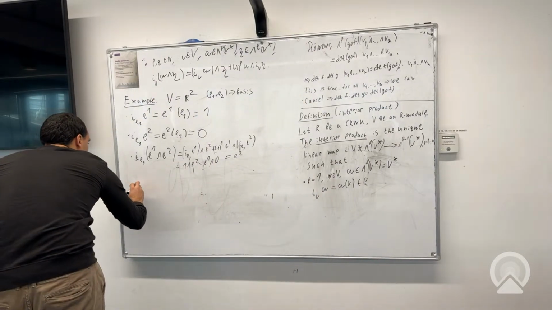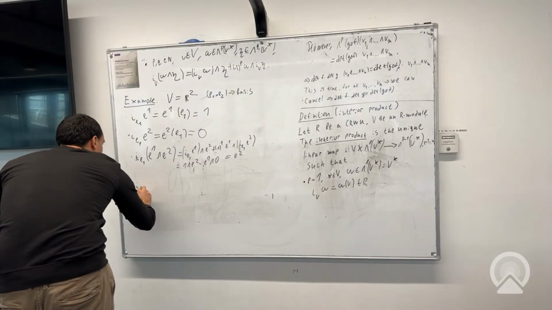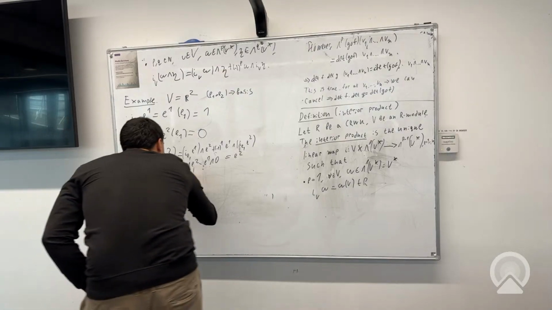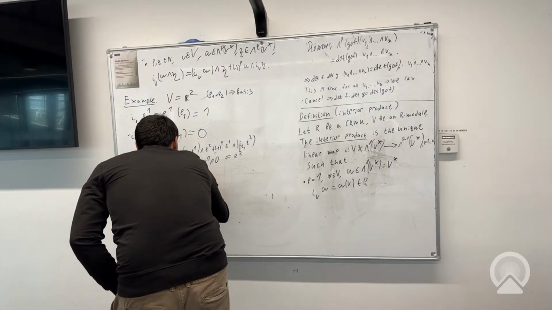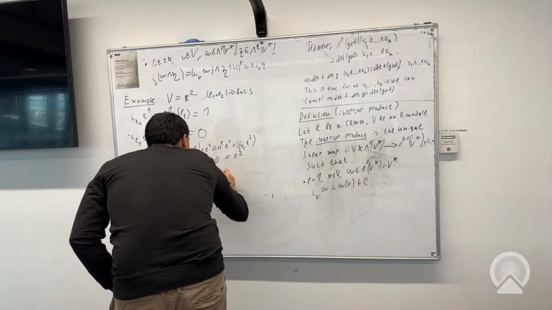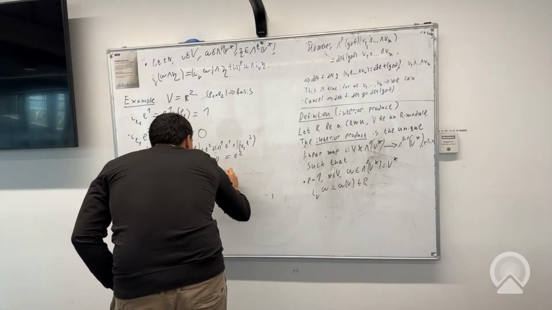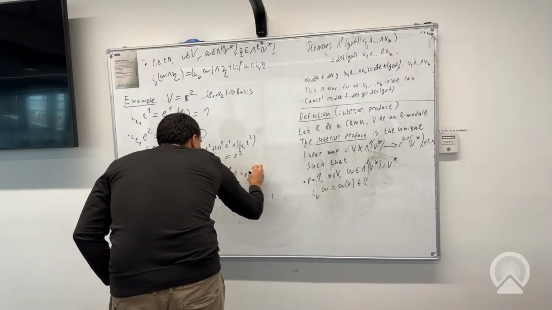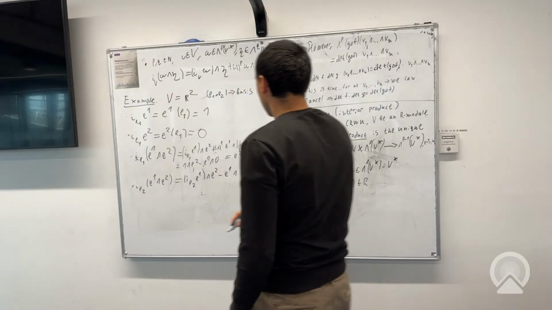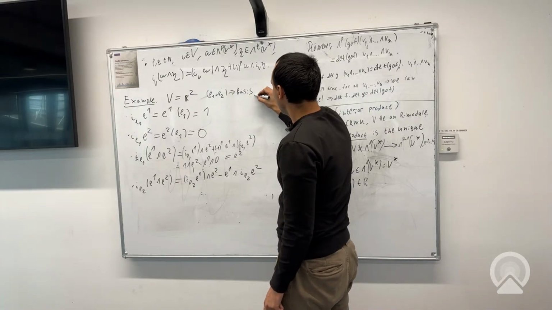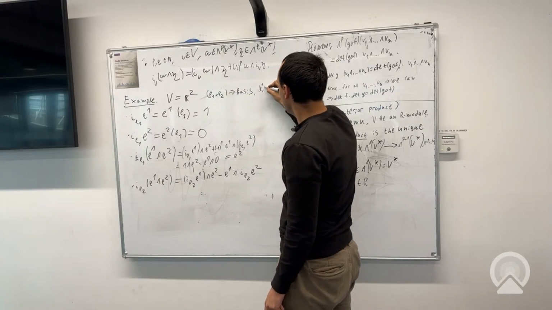And for the other part, we have i of e2 applied to e1 wedge e2, which is e2 of e1 times e2 minus e1 times e2 of e2. I just forgot to say e1, e2 is the dual basis.